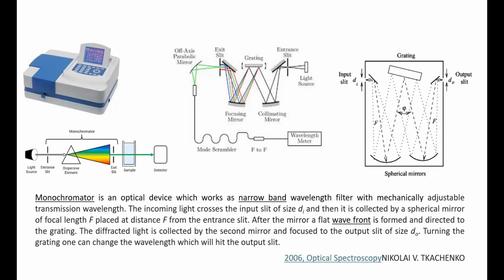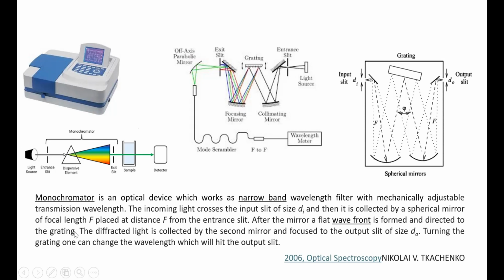Here light passes through the entrance slit and enters the region referred to as the monochromator region. As you can see here, you are seeing the prism, right? We are going to talk about all of them. From the prism, the white light is fragmented into its component units, that is VIBGYOR.